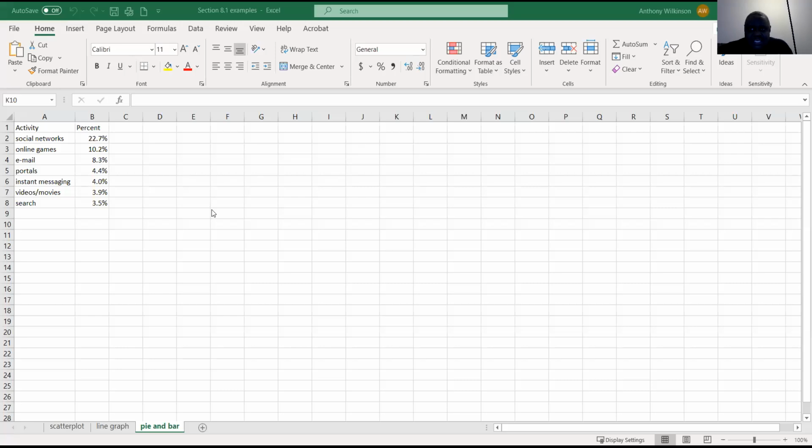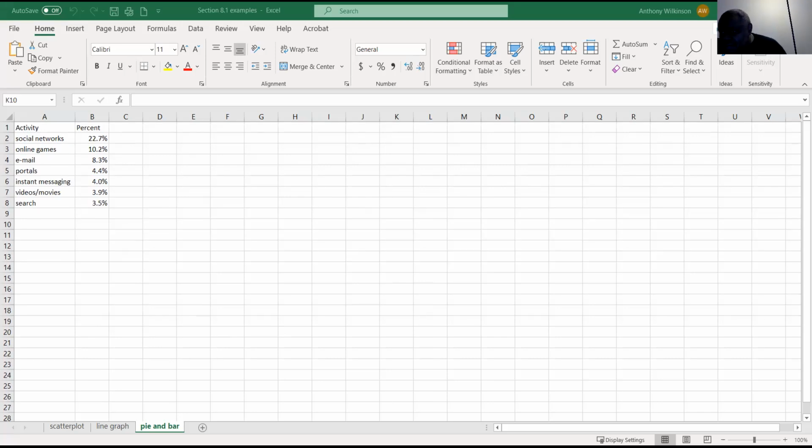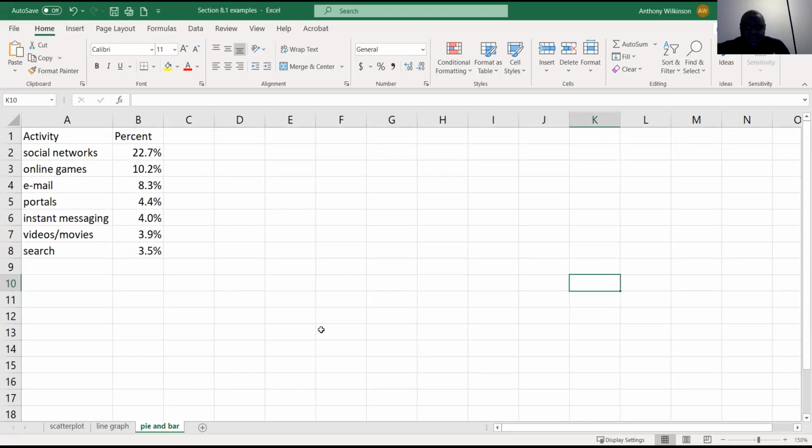All right, here's an example of this, and this is in percentages. When we're dealing with activity like social networks, online games, email, portals, instant messaging, videos, and search. Okay, let's say I want to create a pie chart for each one of these activities here.